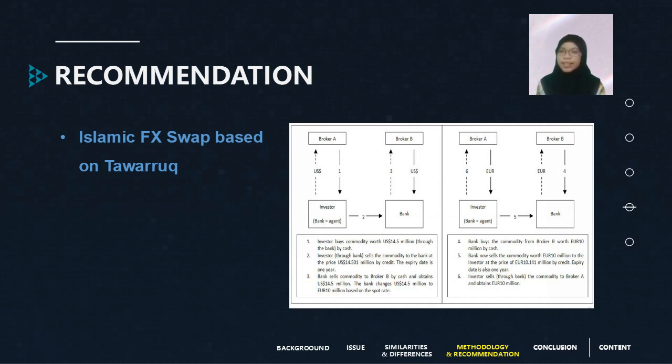As we can see in the diagram, first, the investor buys commodity worth $14.5 million through the bank by cash. Second, the investor sells the commodity to the bank at a price of $14.501 million by credit.